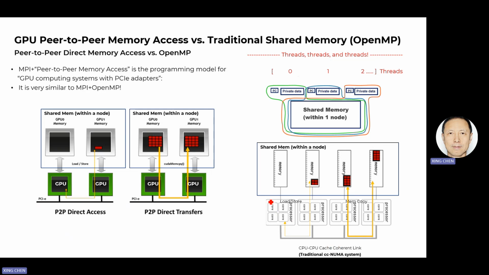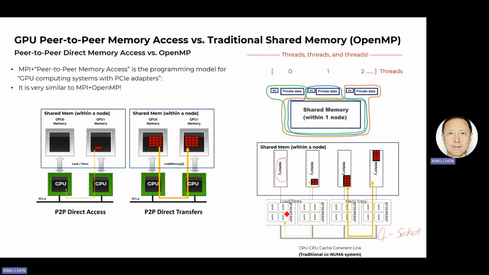So you have CPUs connected by CPU to CPU cache coherent links. For example, you have a four-socket system and you have four CPUs, each one connected to its memory.